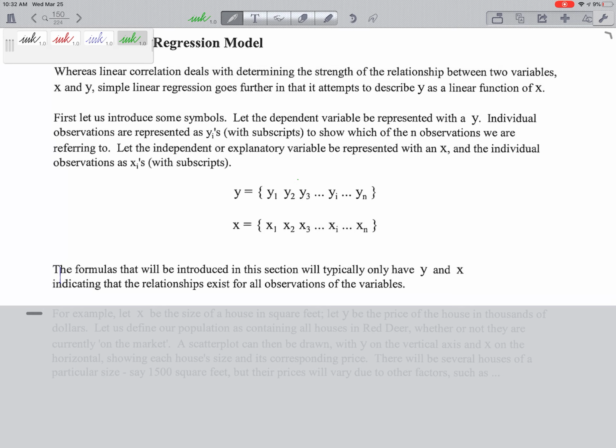So maybe y represents the weight of people, and x represents the height of people, and for every person you've got a height and you've got a weight. You might have 100 observations in both the y and the x columns. So one variable each, but there are many observations.